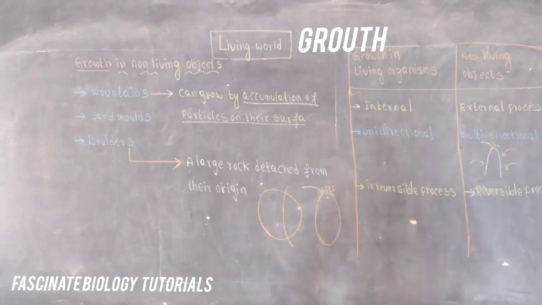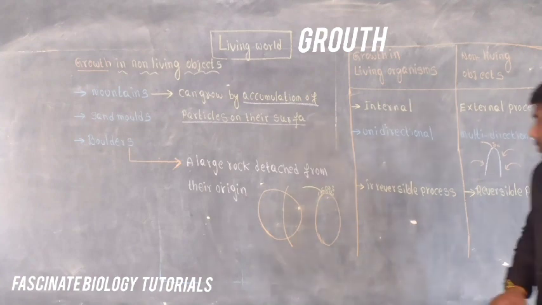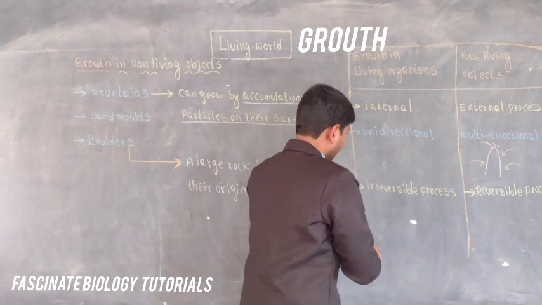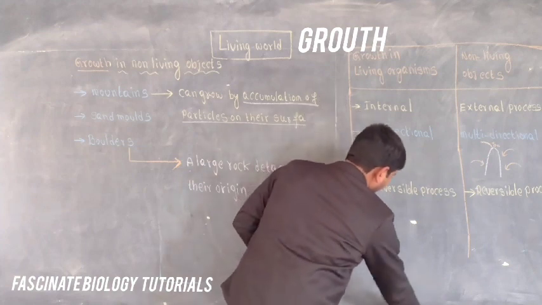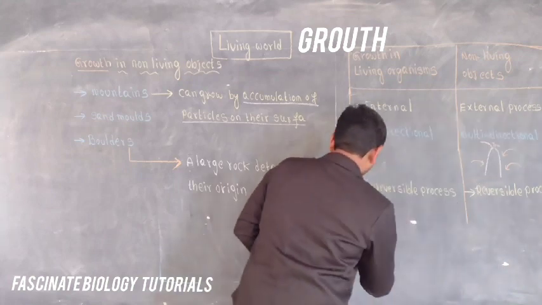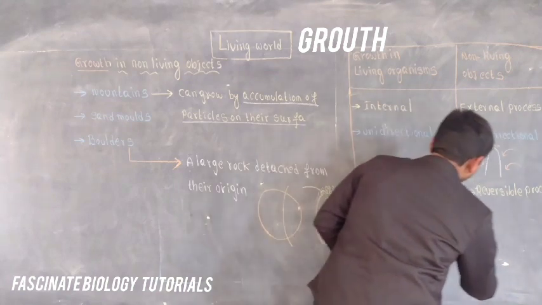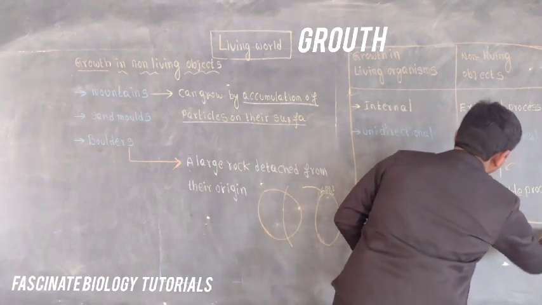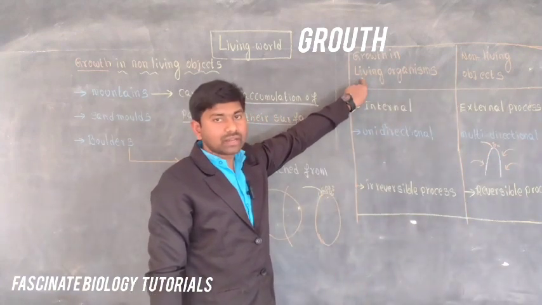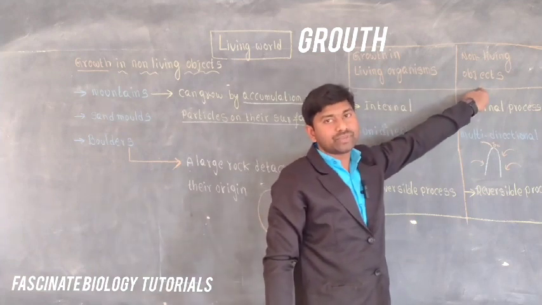Not only that, a few more are also there. Then what do you observe now? The major conclusion point is there. About these points, we conclude that growth is observed in living organisms as well as non-living objects.